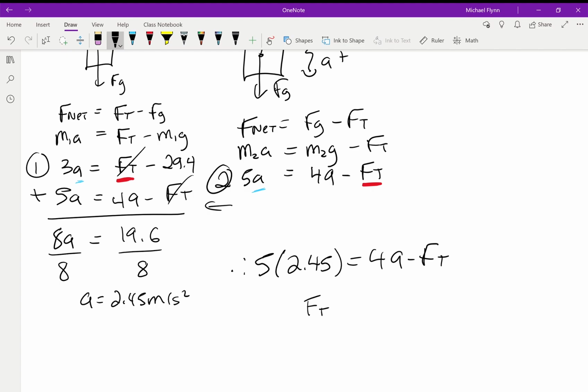You're going to get 5 times 2.45 minus 49, and I get 36.75 newtons, because that tension force is, after all, a force, measured in newtons.